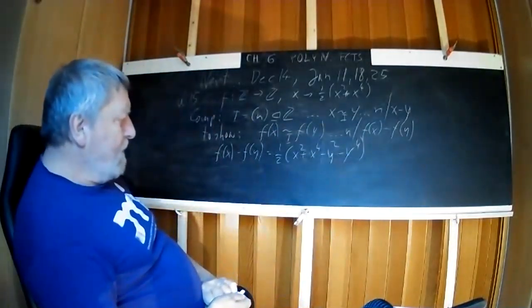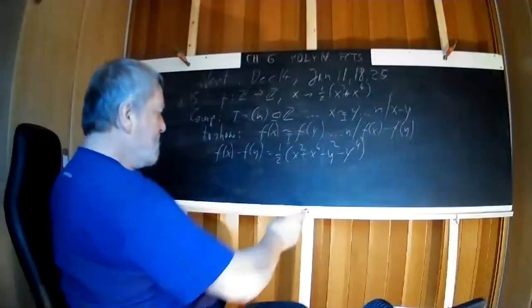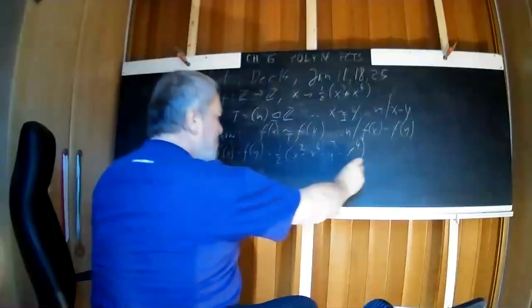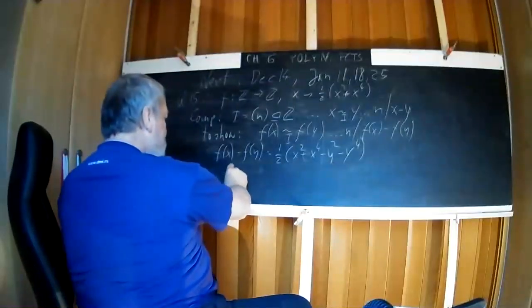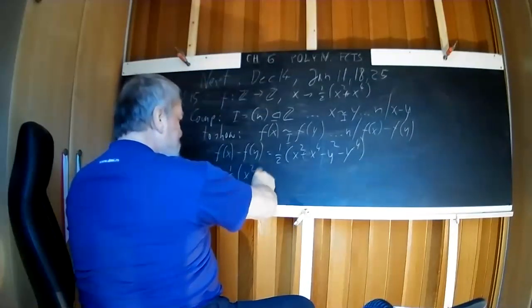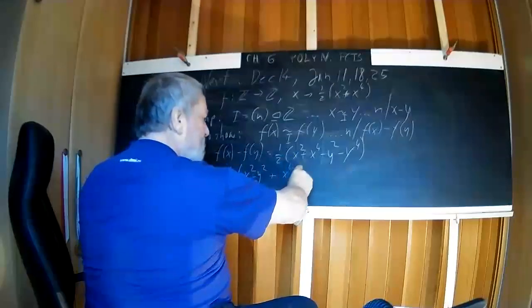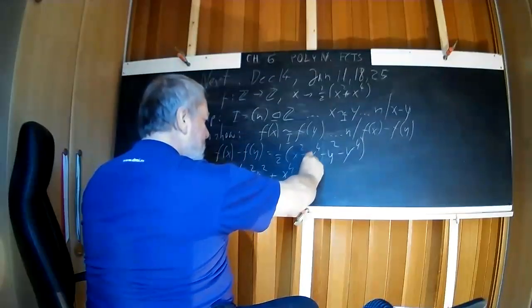Let's rewrite it as 1/2 times x squared minus y squared plus x to the 4th minus y to the 4th.